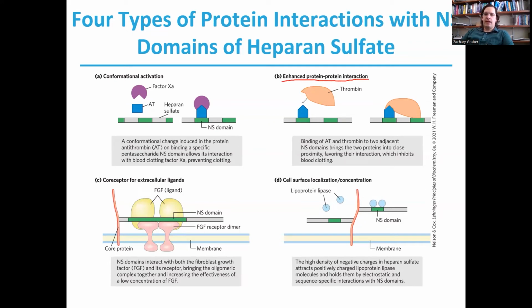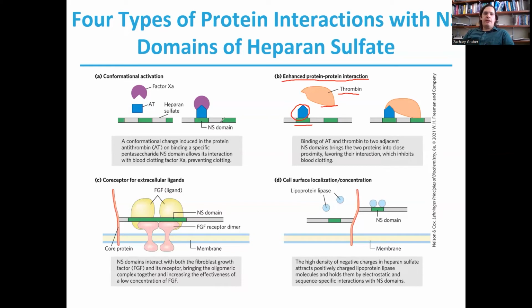So we saw previously how the binding of antithrombin and thrombin could be increased through this sort of cross-linking with our heparin. So our heparin is marked here in green. It can bind to our antithrombin and then bind also to our thrombin and help to bring those into close proximity where that interaction will be strengthened.